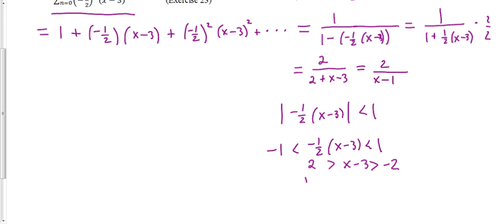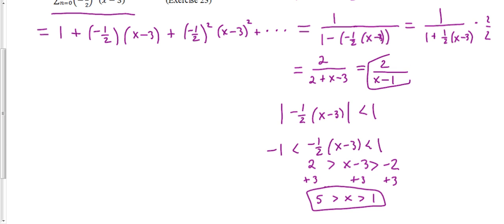Then I'm going to add 3 to all sides, and I end up with 5 is greater than x is greater than 1. So this is my interval of convergence, and this is my function.